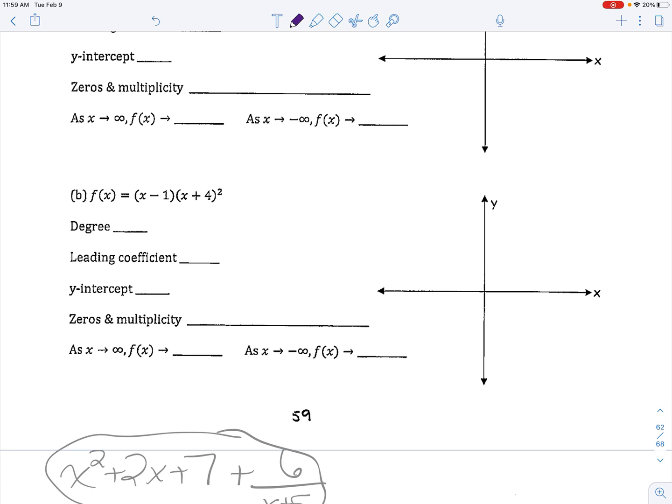The degree here is the highest exponent of this polynomial function in standard form, right? This is in factored form.